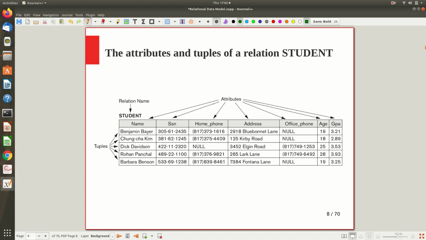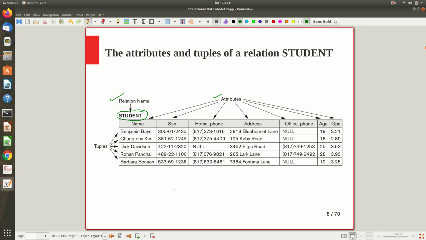So this is a typical example. Here you can see the student relation, and this acts as the relation name, and these attributes are nothing but the column headers. These are all the rows or the tuples. And this, say Benjamin Bear, is a particular value for the attribute name. Similarly, this is another value for the attribute SSN.